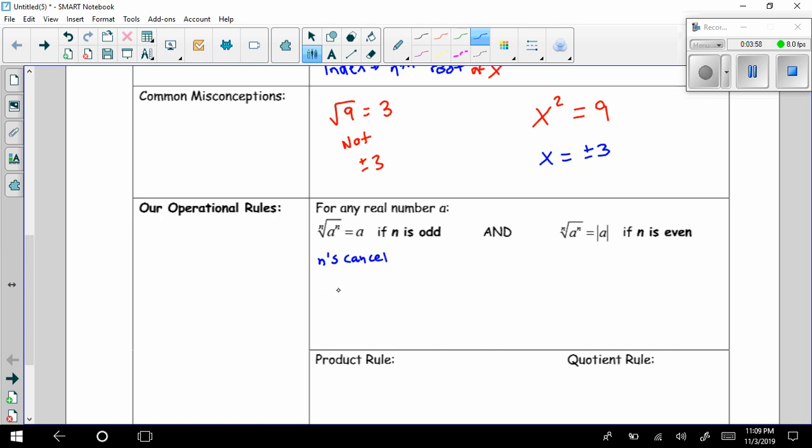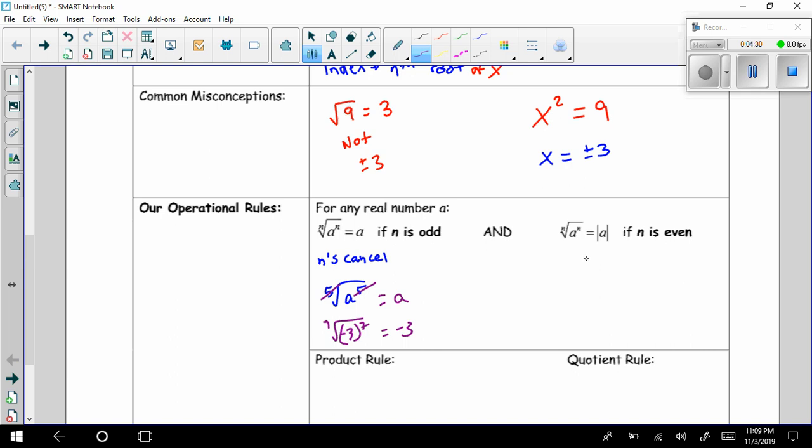So the fifth root of a to the fifth, for example, these n's cancel each other out, and the answer is just a. If this was the seventh root of negative 3 to the seventh, again, those would cancel, and this would just be negative 3. So if it's positive, it stays positive. If it's negative, it stays negative.